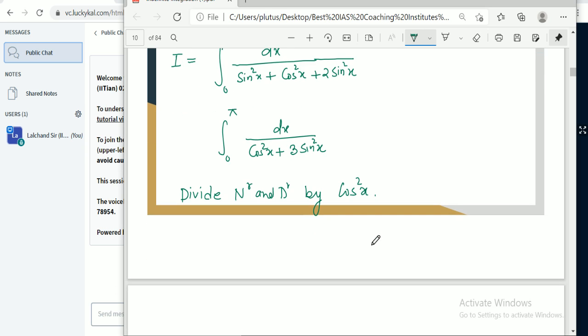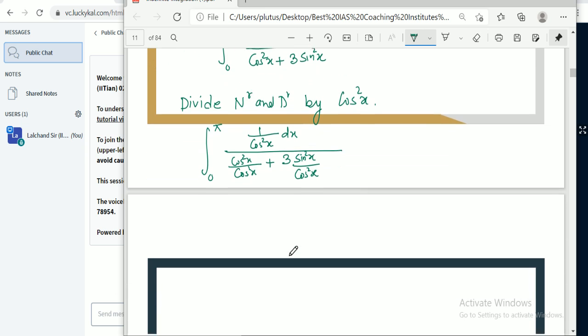So if we divide numerator and denominator by cos square x, then I have the integral from 0 to pi of 1 upon cos square x into dx, divided by cos square x upon cos square x plus 3 sin square x upon cos square x.